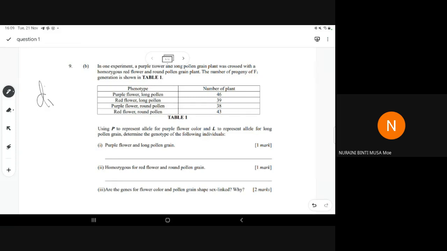So ini ialah dihybrid. Okay, purple flower and long pollen ialah dua sifat, dua phenotype. So dia ialah dihybrid. Okay, dia cakap pula is crossed with the homozygous red flower and round pollen grain plant. Okay, red flower and round pollen grain plant maksudnya ialah dia cross dengan homozygous recessive.